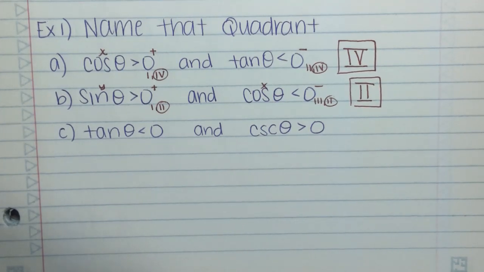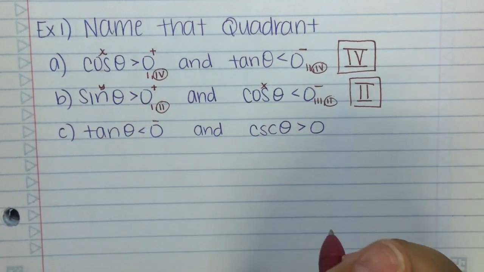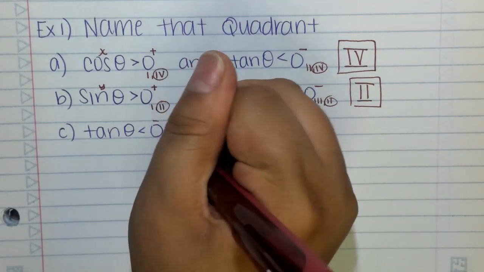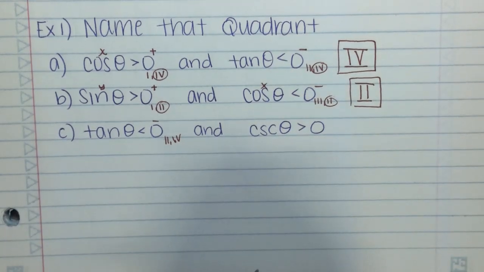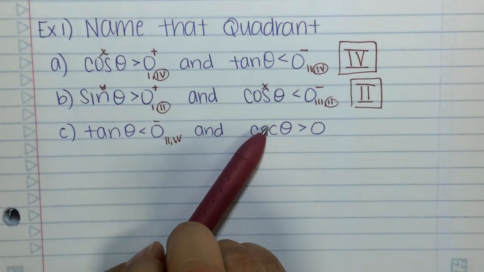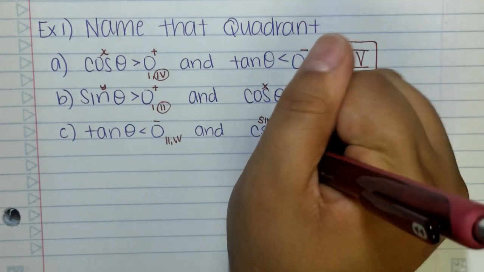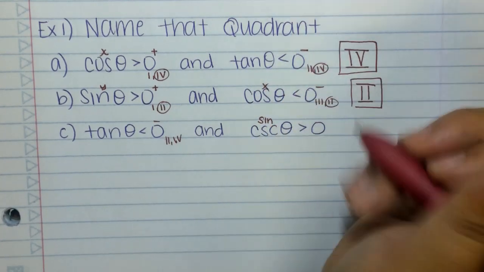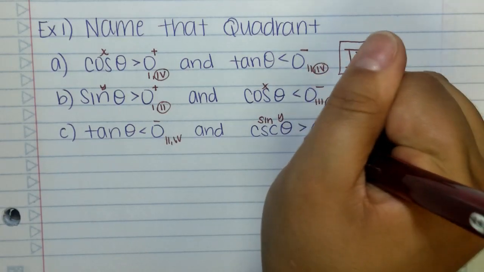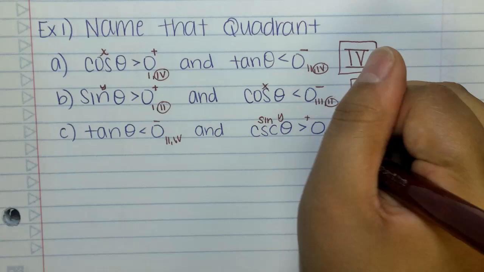Alright, tangent is less than 0. Tangent is negative where? 2 and 4. And then cosecant is greater than 0. Cosecant is the reciprocal of? Sine. So it's the same thing. Remember, they're in the same quadrants, positive and negative. So where is y greater than 0? Where is y positive? 1 and 2.